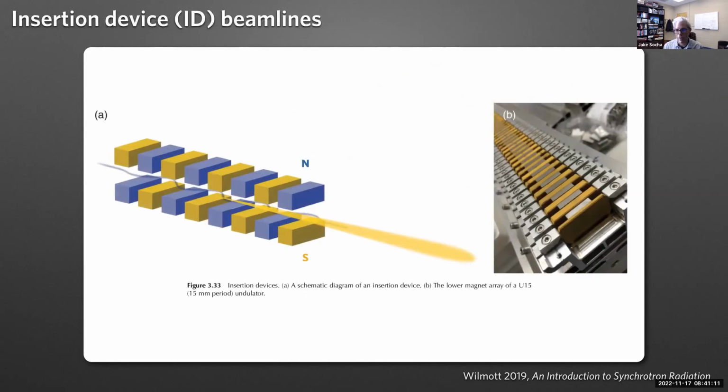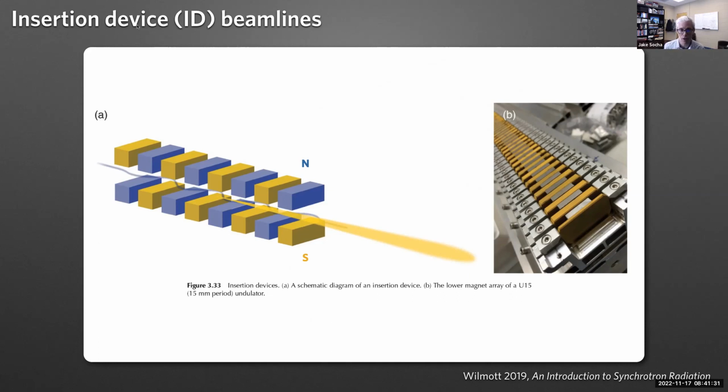So the other type of beam line are the ID beam lines. These are insertion devices. They're either a wiggler or an undulator. Wigglers and undulators are about the same thing. They just differ in how much they wiggle the electron. So wigglers cause a greater deflection than do the undulators.